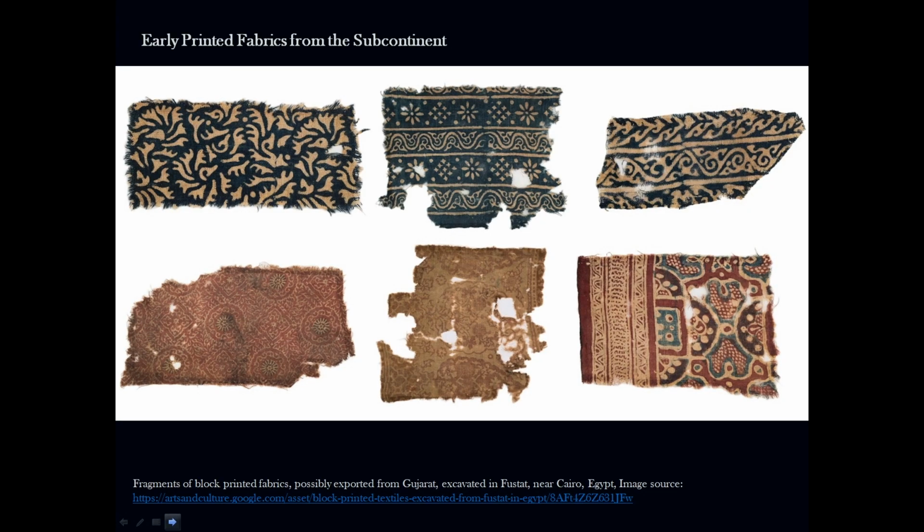Then in the lower register we have a different kind of printing. On the left side we see resist material used, but it is much finer compared to the ones in the upper register, and then it is developed in red. Of course there are also hints of indigo there.